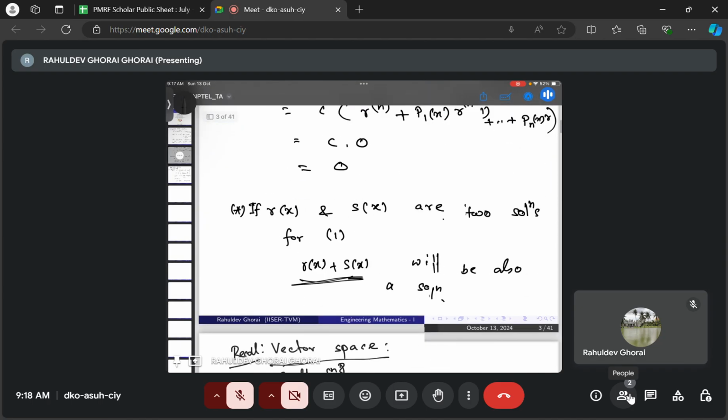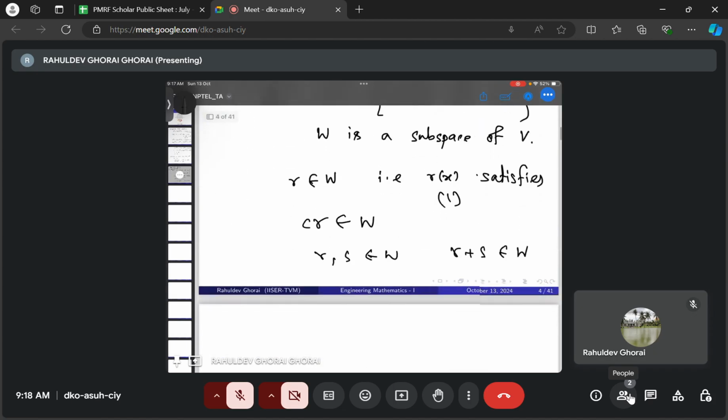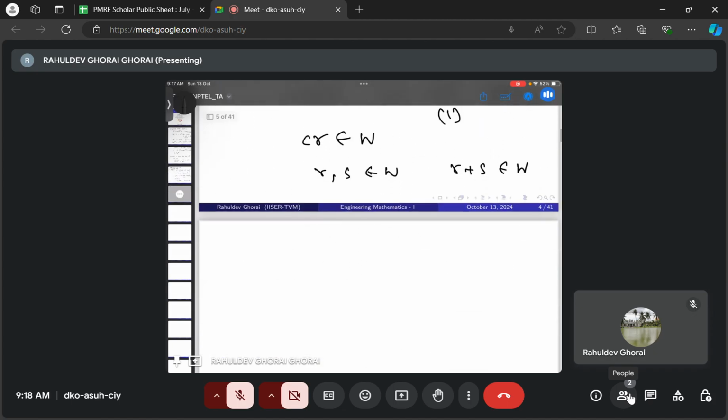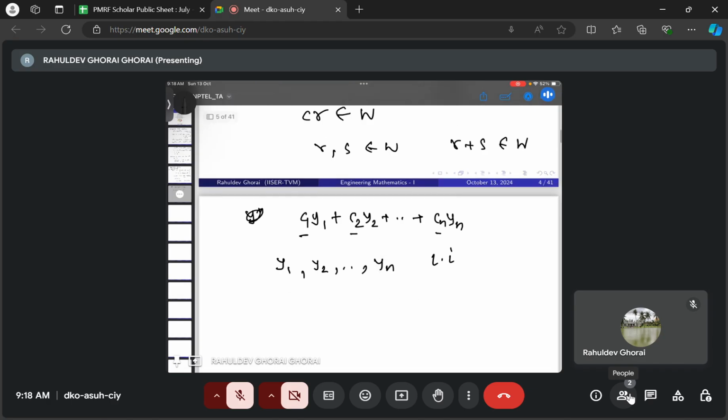The solution will look like c1 y1 plus c2 y2 plus up to cn yn, where c1, c2 up to cn are constants, and y1, y2 up to yn are linearly independent. We'll say it is linearly independent if the Wronskian of these is non-zero.